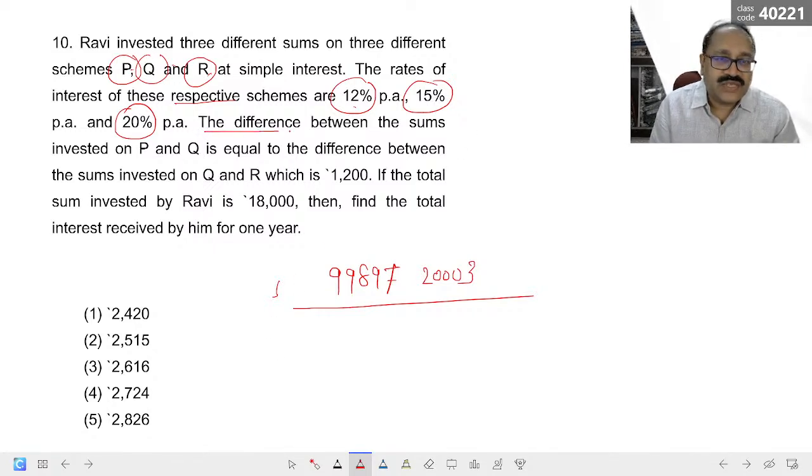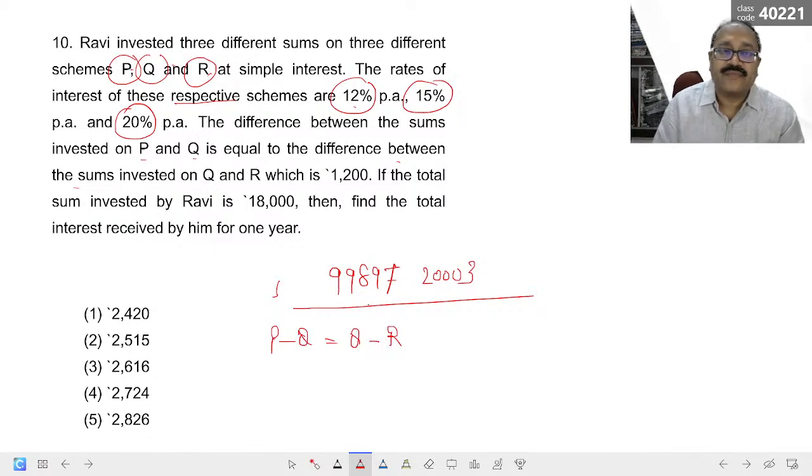Now the difference between the sum invested in P and Q is equal to the difference of the sum invested in Q and R. The difference between P and Q, that is P minus Q, is equal to the difference between Q and R, and it is equal to 1200.